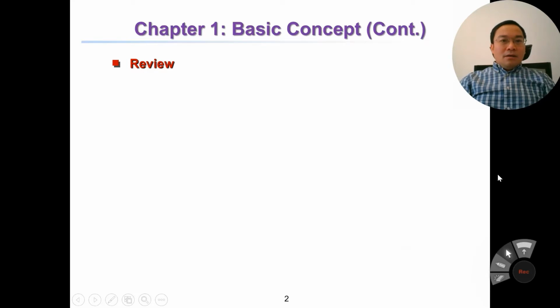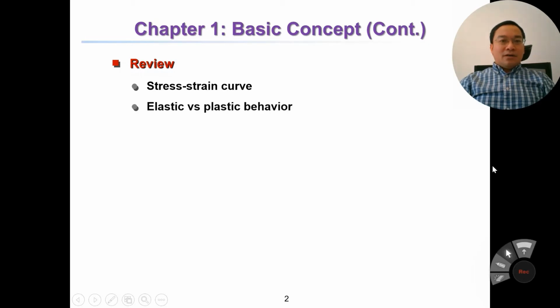Let me review what we have learned in the previous class. We already talked about the stress-strain curve, especially for ductile material under tension. Beyond that, we also talked about the elastic behavior and plastic behavior of the material.